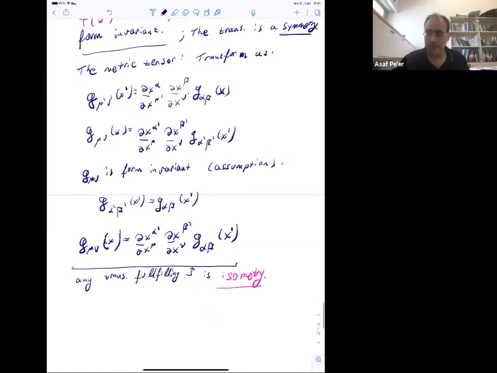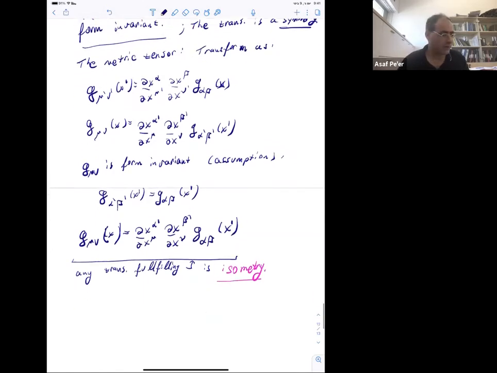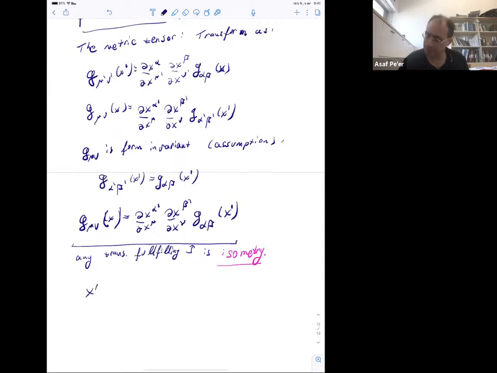Now, x prime is just translation, right? So you can write down that x mu prime is just x mu plus t v mu, right? V mu is what we're going to call a Killing vector field.